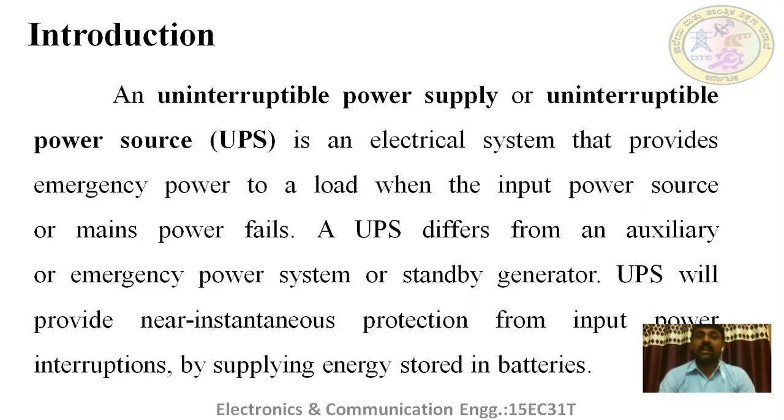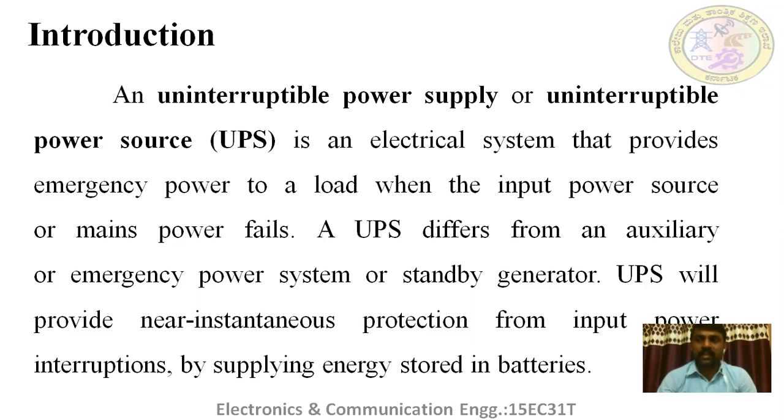Therefore, it is called uninterruptible power source. This system is different from other auxiliary power systems like generators. Why? Because this UPS will provide protection to the loads against power interruption instantaneously by using batteries.